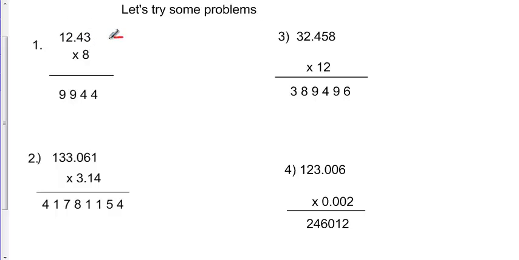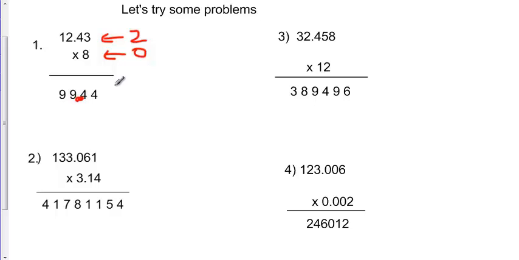In the first number, there are 2 digits after the decimal. So that's 2 decimal places. Do we have any for 8? None. So there is 0 here. So 2 plus 0 is 2. So I'm going to place my decimal, again remember, starting from the right. I'm going 1, 2, and that's my decimal right there.